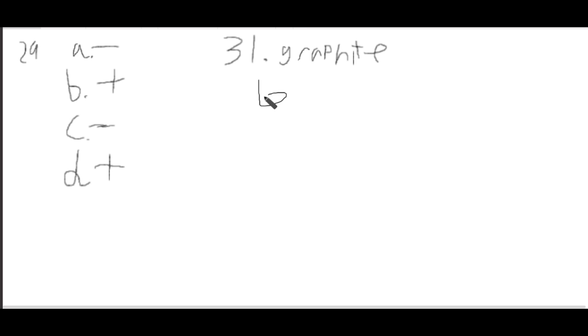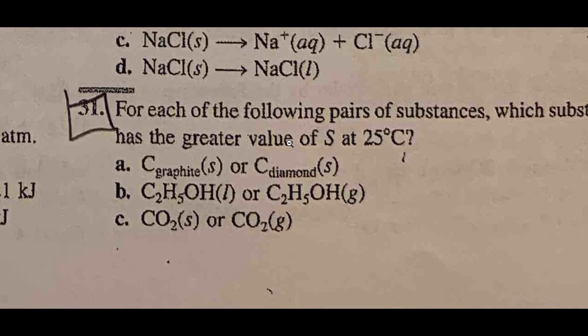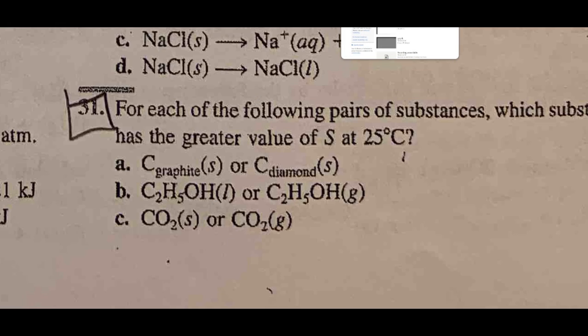For question B, this is question A. For question B, we got a liquid and a gas to compare. Well, what did I just say? Infinite volume is much more entropic, has much higher entropy than a fixed volume, even though they both can expand to fill containers. So the gas will have higher entropy than the liquid.